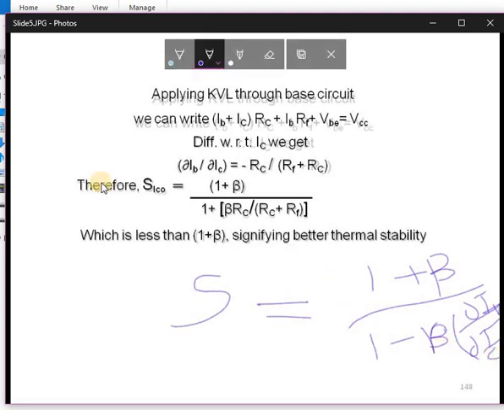So now in this case, the stability factor S equal to (1 plus beta) by (1 plus beta into RC by (RC plus RF)).